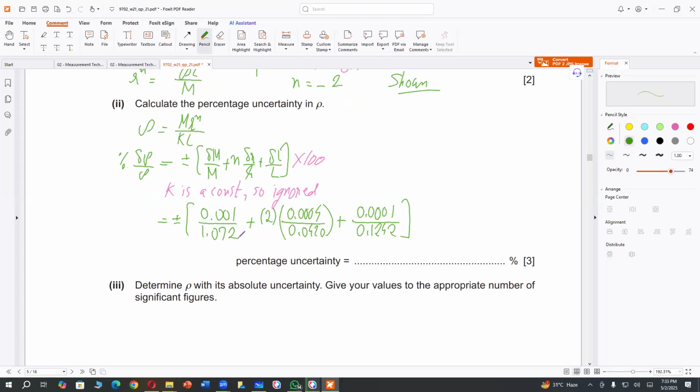Now, can you make the solution now? This typical calculation, please do it.